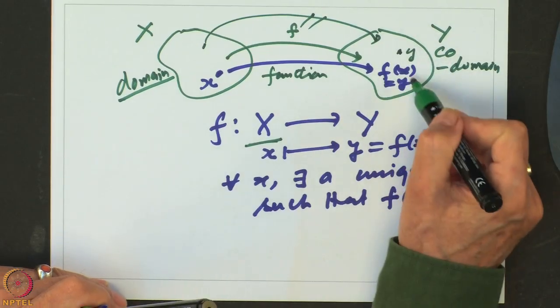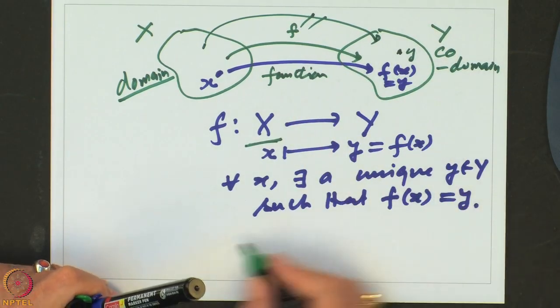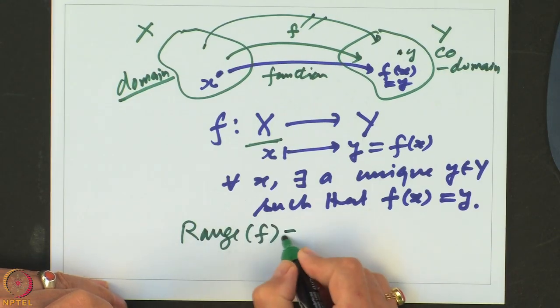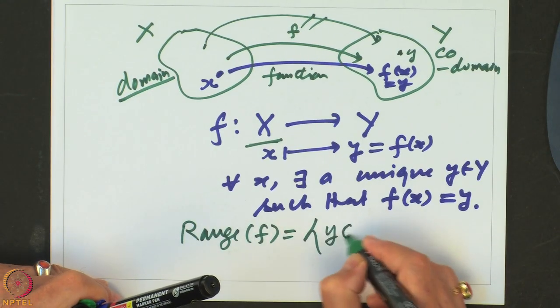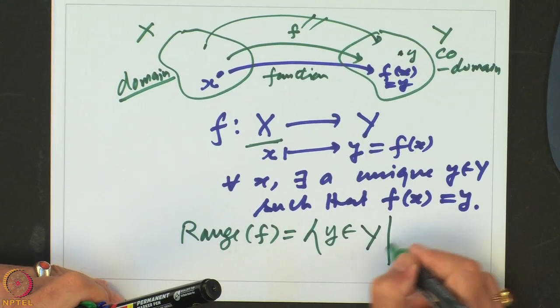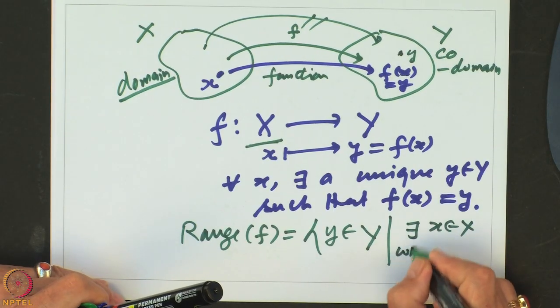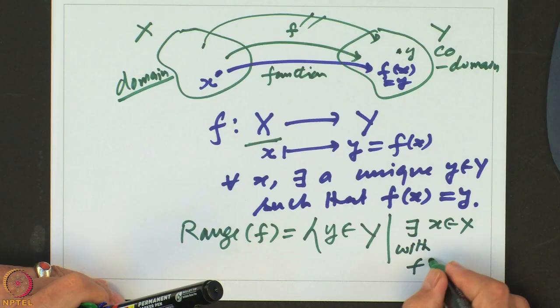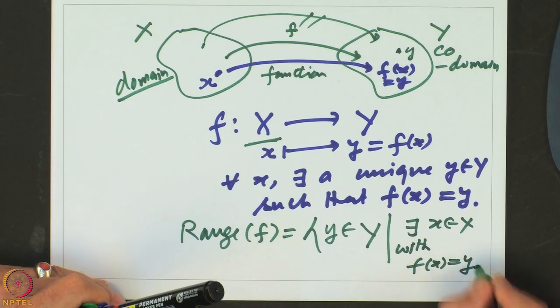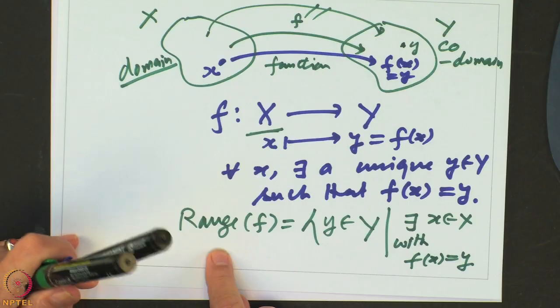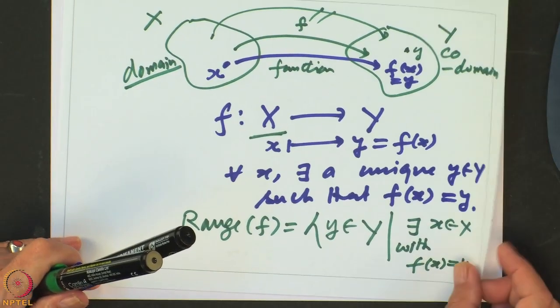Some points of Y come from points of X. So, what is the range of this function f? It is nothing but all those y belonging to Y such that there exists some x belonging to X with f of x equal to y. This set is called the range of the function.